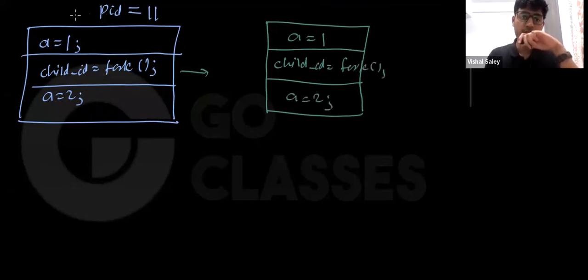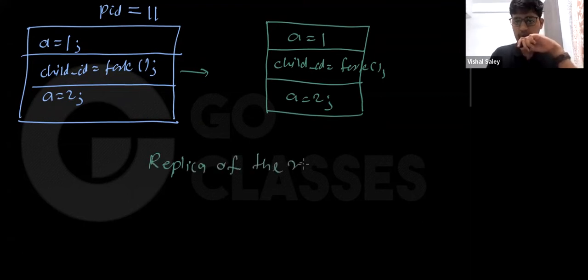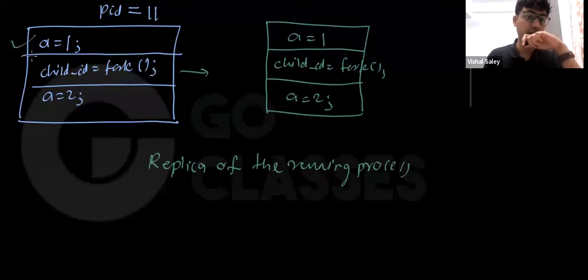Note that when I say exact replica, it is a replica of the running process. So this process has executed this instruction. It is executing; I'm not saying its execution has completed.